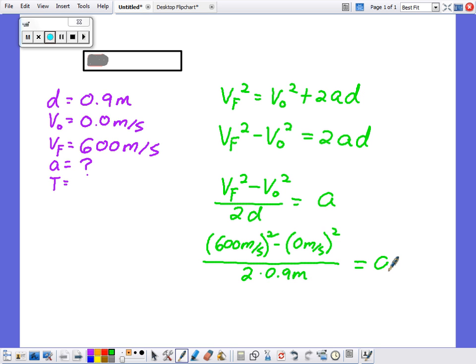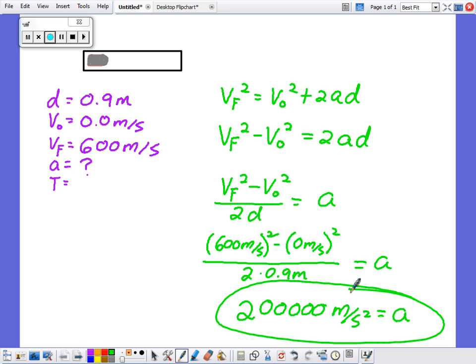And all that will give us the acceleration. From here, you can plug into your calculator, and when you do, you should get an answer of 200,000 meters per second squared for your acceleration. And that's how you do target practice.